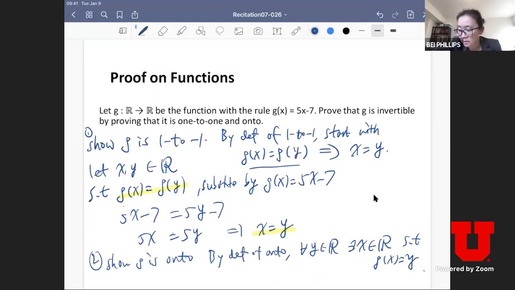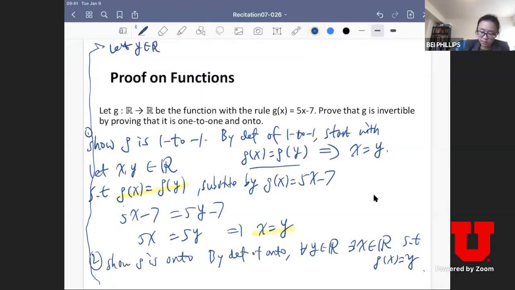I can say that, let y, so to run out of space, let's use here. Let y be in the codomain. So we have y is equal to 5x minus 7. So I solve for x. x is equal to y plus 7 over 5. Okay, but there's one crucial part that is missing.